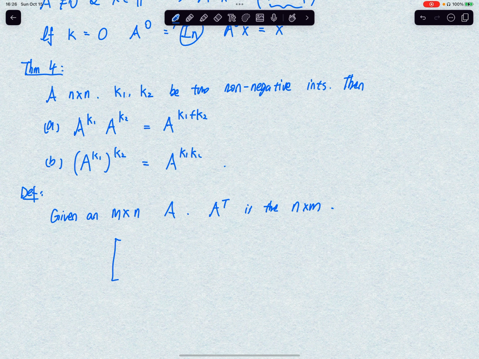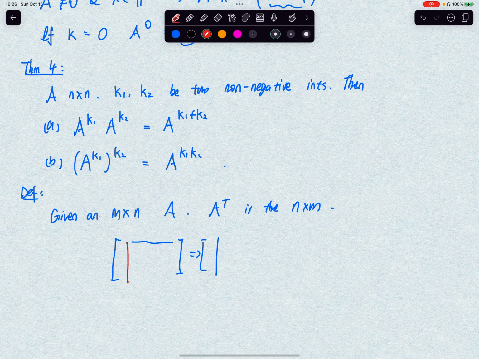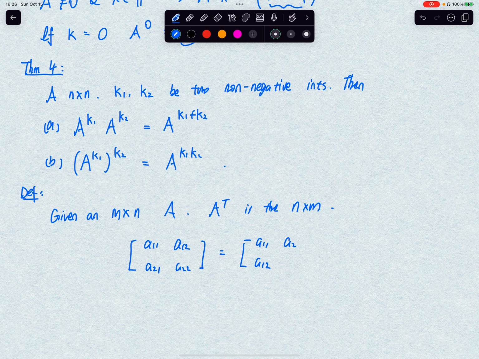So that is the rows become columns, while the columns become the rows. So let us just use a11, a12, a21, and a22. So the transpose goes like a11, a21, and a12, a22.